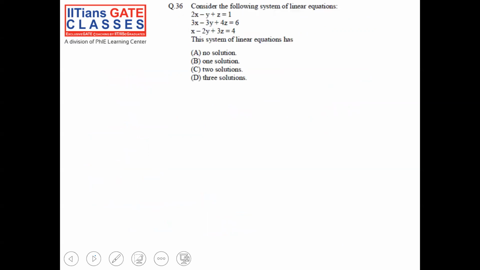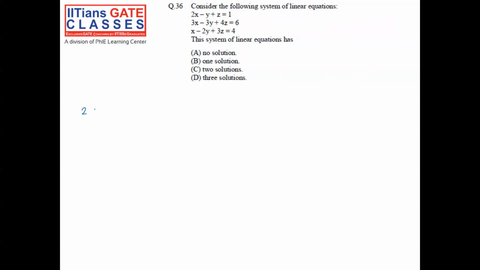Coming towards the next question. This question is from linear algebra. Here they have given us a system of linear equations and are asking what solution we'll get in this case. Before solving this question, we know that we can write this system of equations in matrix form.